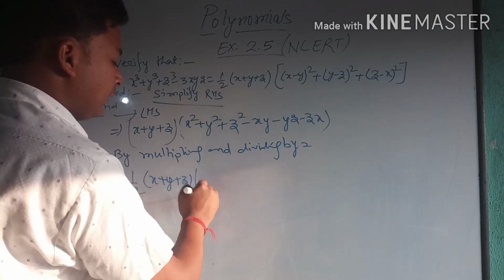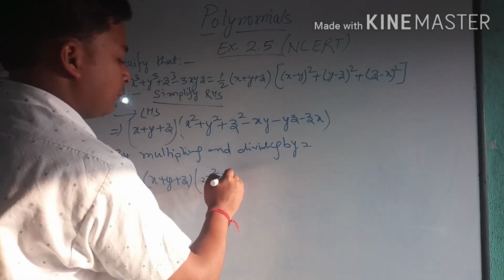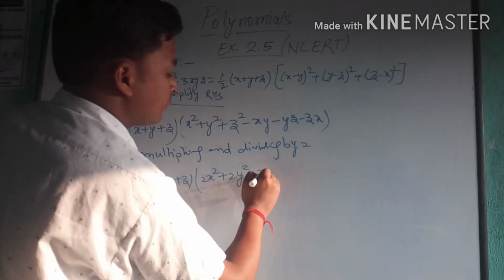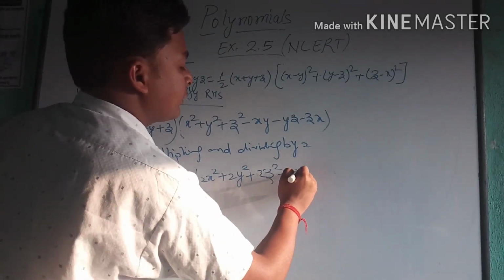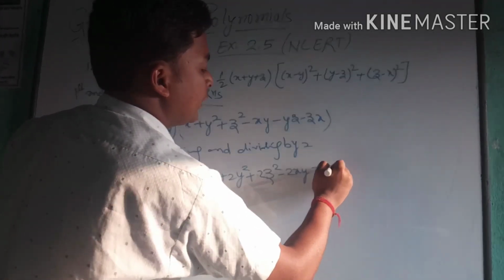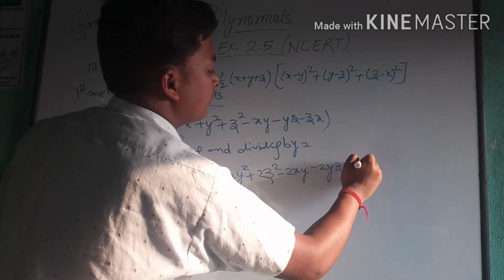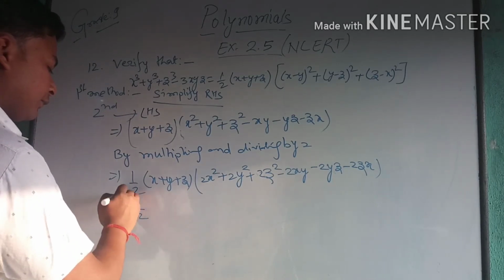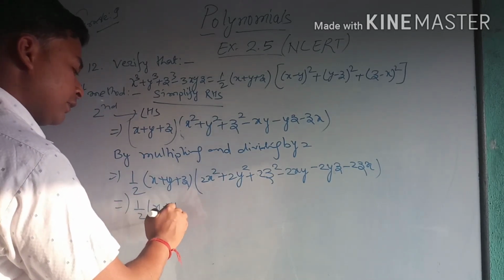Now it is 2x square plus 2y square plus 2z square minus 2xy minus 2yz minus 2zx.